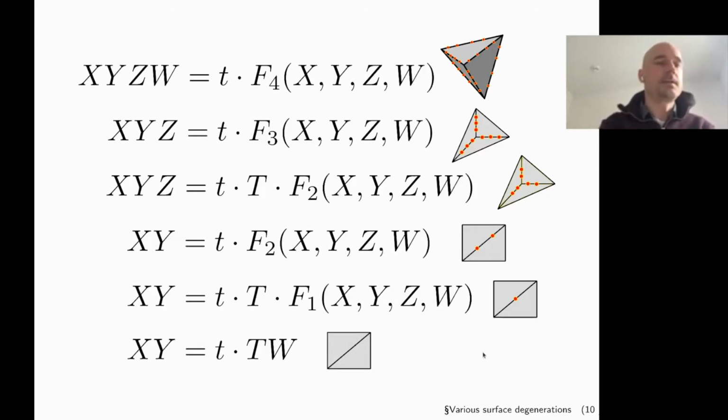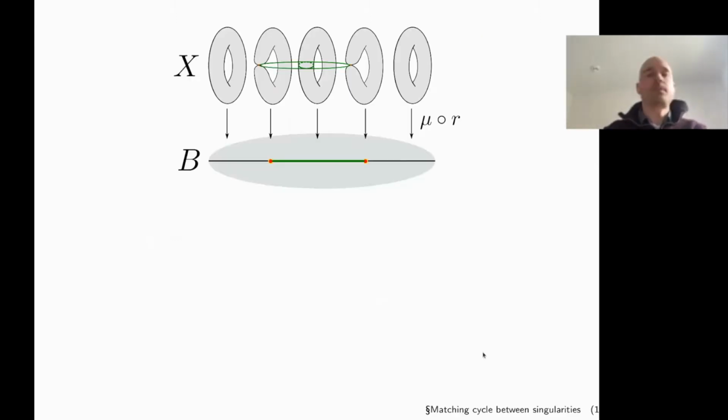Okay, so what we do next is we want to look at special cycles in the nearby fiber. The nearby fiber is a smooth manifold, and we now have this torus fibration that maps it to a topological manifold. In our examples we looked at, it was a sphere or a disk.